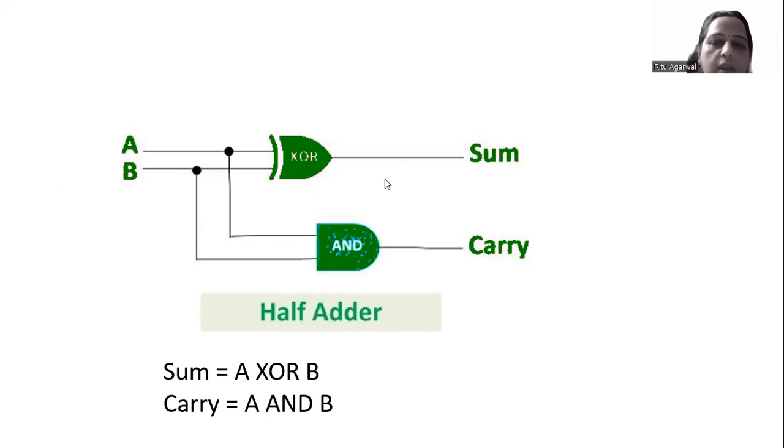Since this circuit cannot produce a further carry or further sum, we call it a half adder.